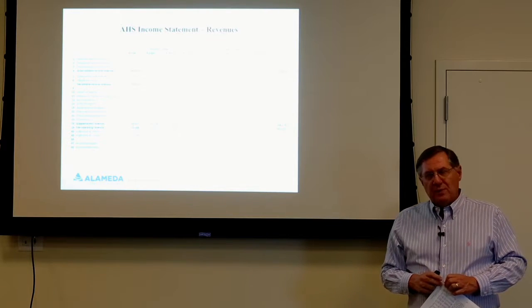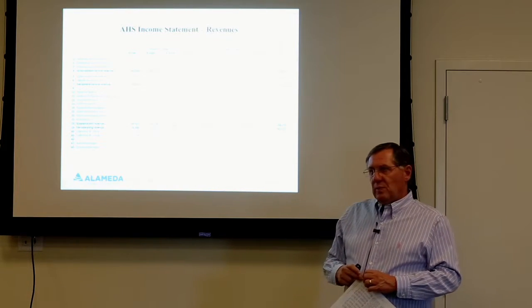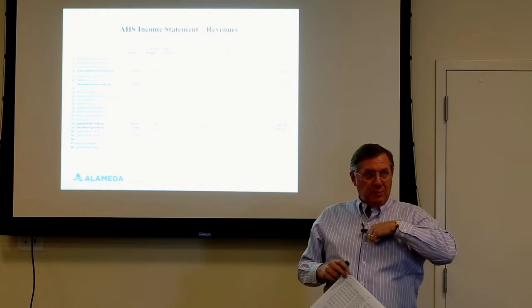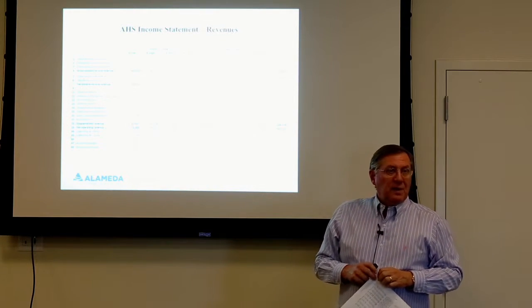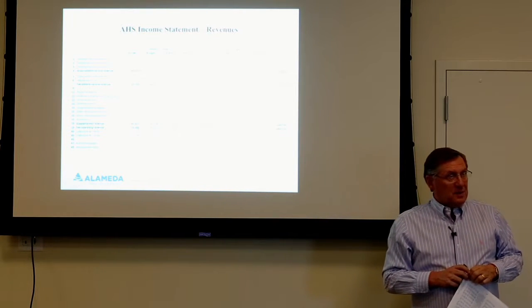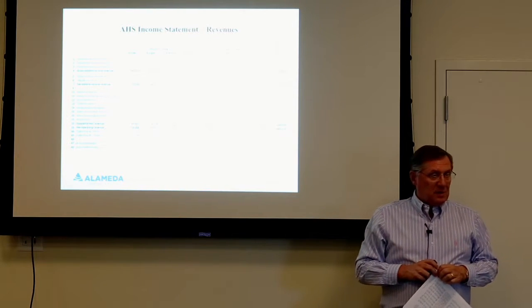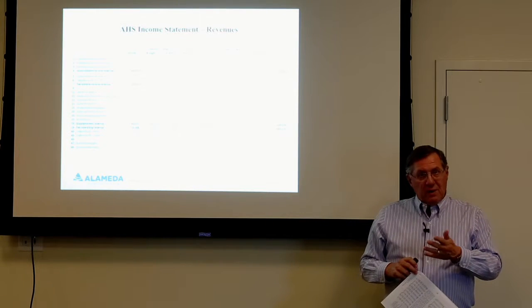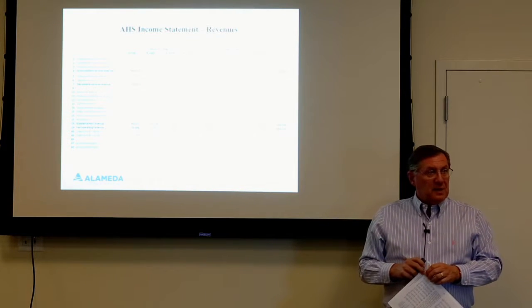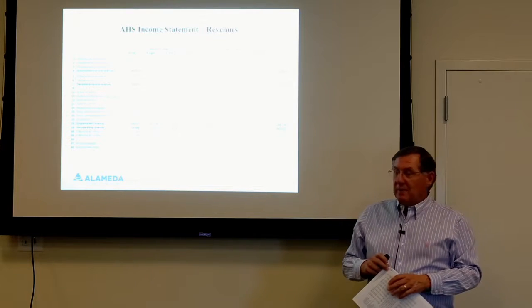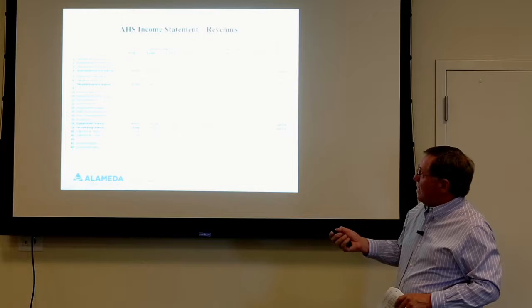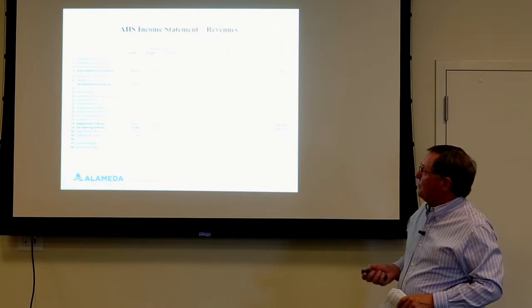We have 2 kinds of revenue: patient revenue, where we send a bill out and get paid by somebody, and supplemental revenue, because we are a designated public hospital and have a series of government, county-sponsored programs that give us money. The way we've broken this out, down the side, shows where the revenue came from.